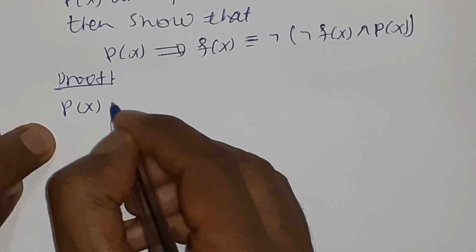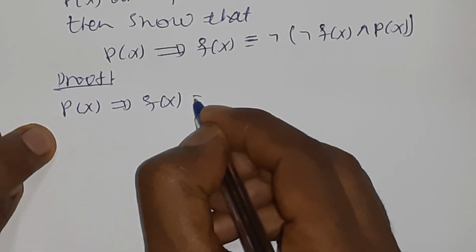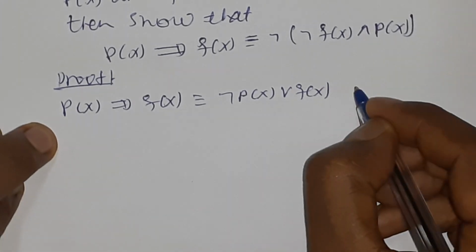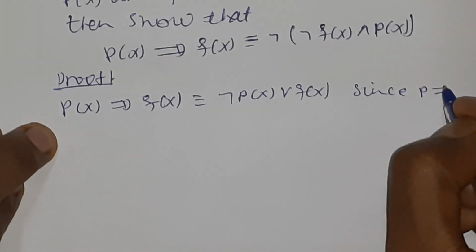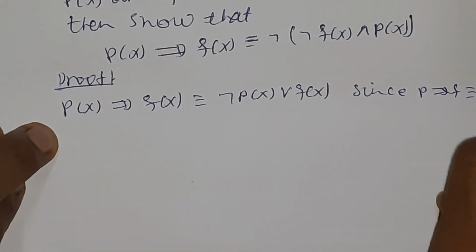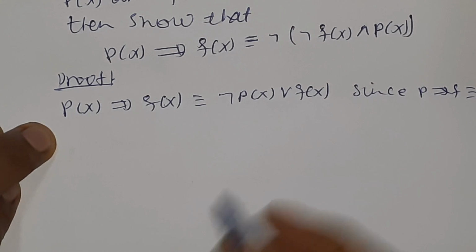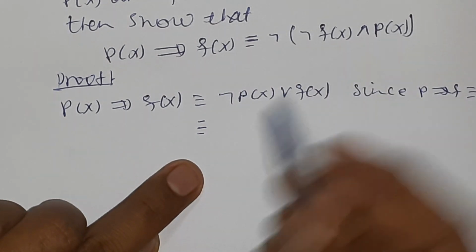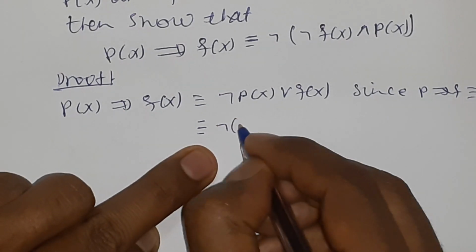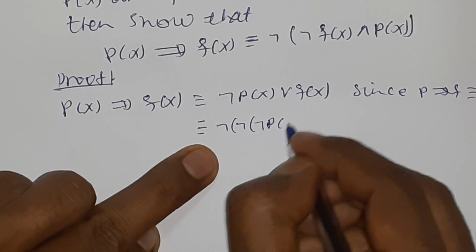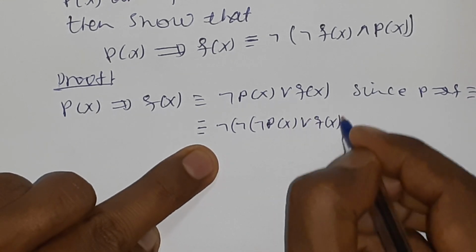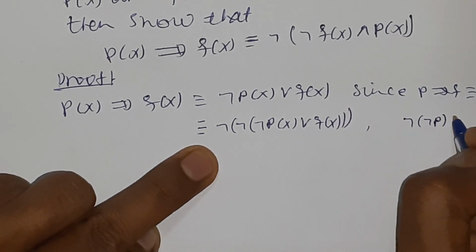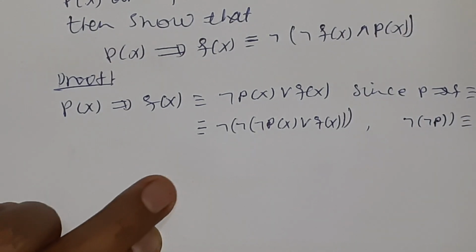We know that P of X implies Q of X can be written as negation of P of X or Q of X, since P implies Q is equivalent with negation of P or Q. Then again, this is equivalent with the negation of the negation of P of X or Q of X, because we know that the negation of negation of P is already P, a double negation.